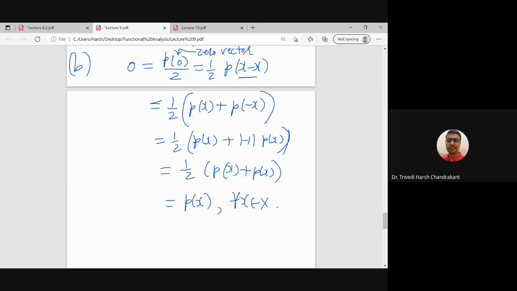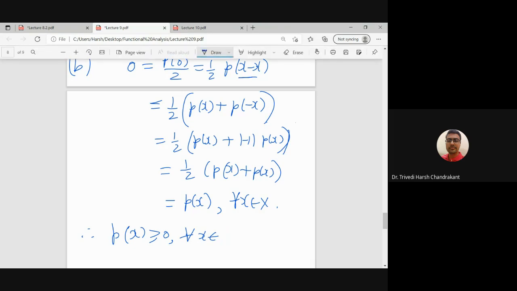Right, so let us write down finally what we got. p of x is always non-negative for all x. If we compare with norm, this property corresponds to the norm of every element being non-negative. Right.